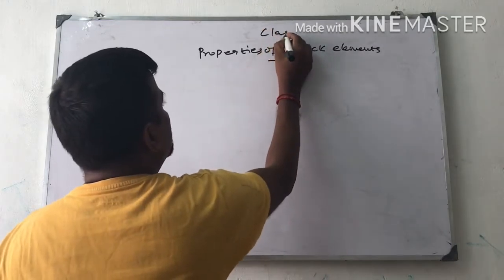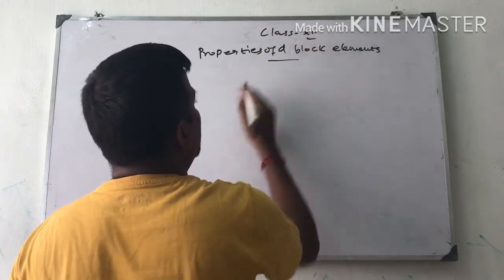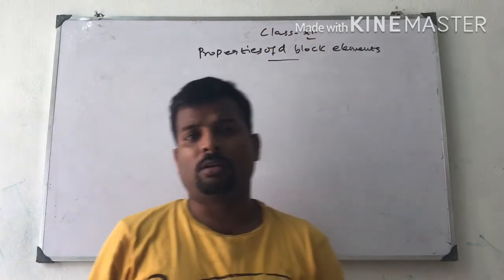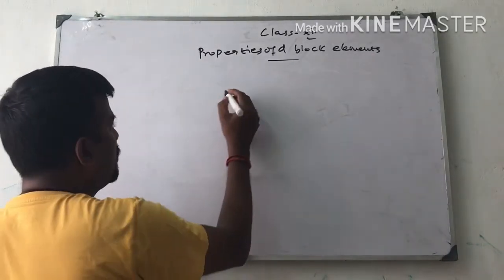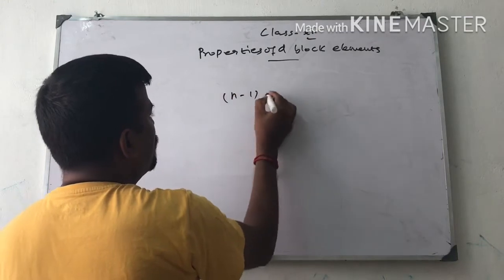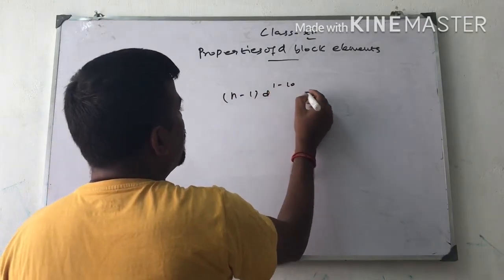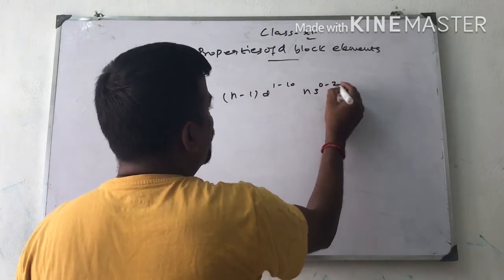Class 12, D block elements. Topic. Dear students, the electronic configuration of D block elements is (n-1)d1 to 10 ns 0 to 2.